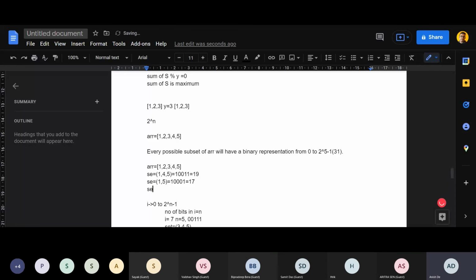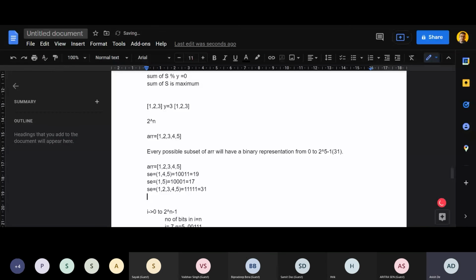Similarly, for the set 1 2 3 4 5, the binary representation will be 5 ones, which denotes 31 in decimal.